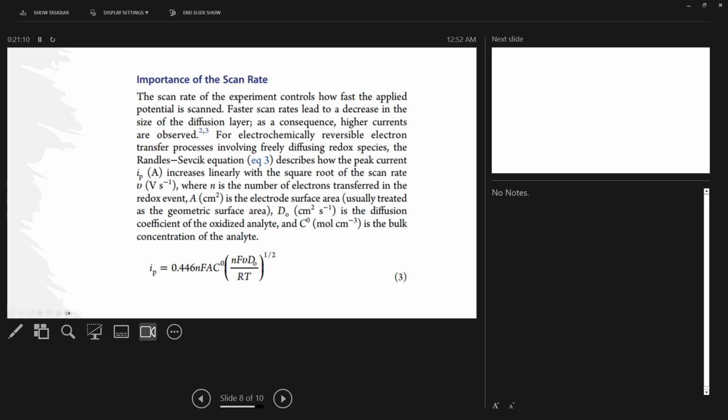So as we increase the scan rate, we will get a higher peak current. In the next video, I will show what scan rate is and how it can affect our electrochemical performance.